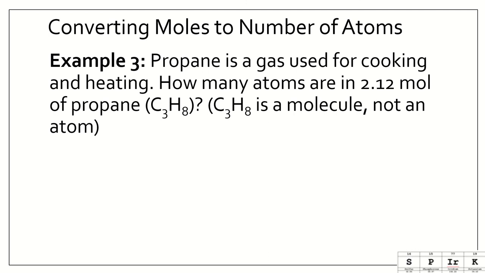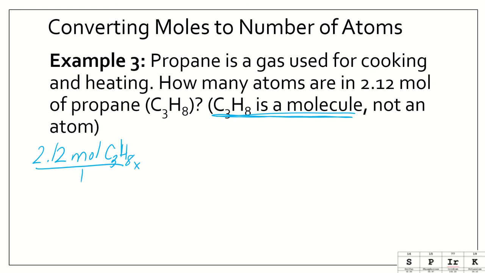Propane is a gas used for cooking and heating. How many atoms are in 2.12 moles of propane? So we have 2.12 moles of propane over 1. And we have to keep in mind that C3H8 is a molecule, not an atom.